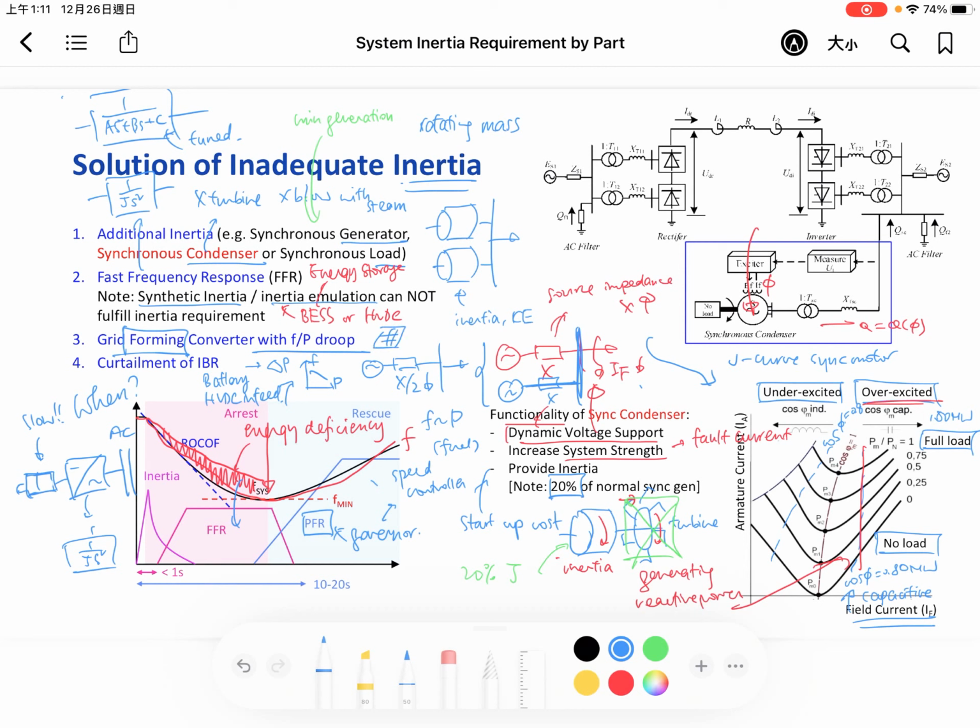Let's say there is a 10 megawatt PV, and we notice that the frequency is 50 Hertz. Then we try to deliver to the grid like 8 megawatts. And if the frequency reduces, then we try to generate more to support the grid. Then it is a grid forming converter with the drop control.